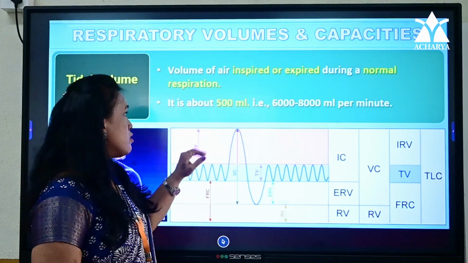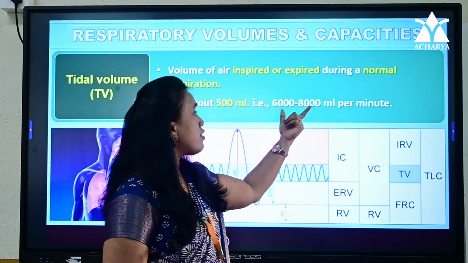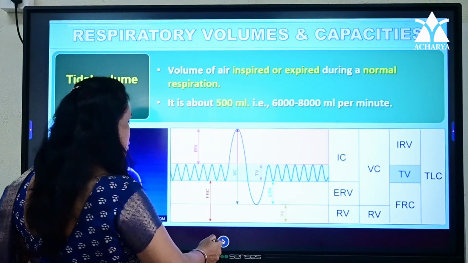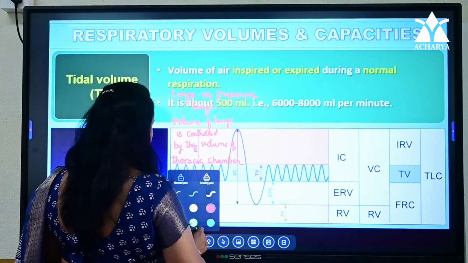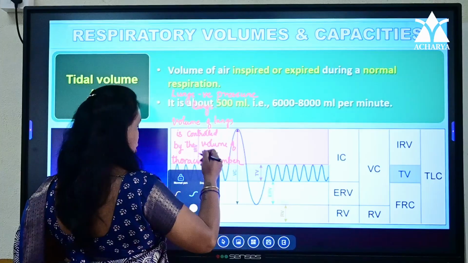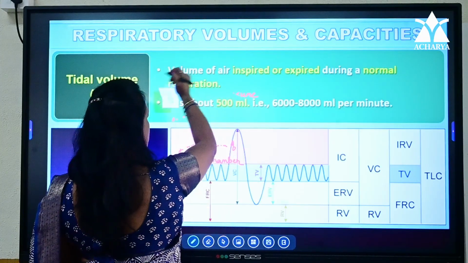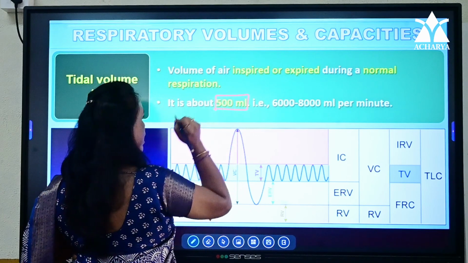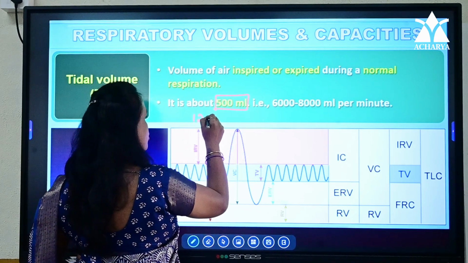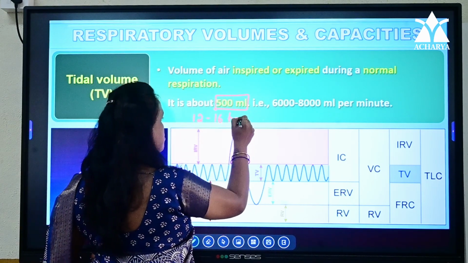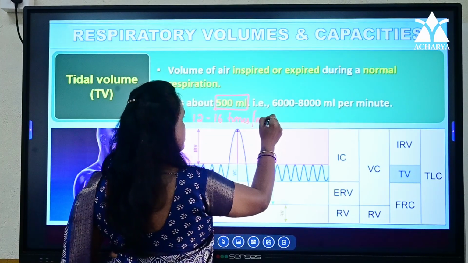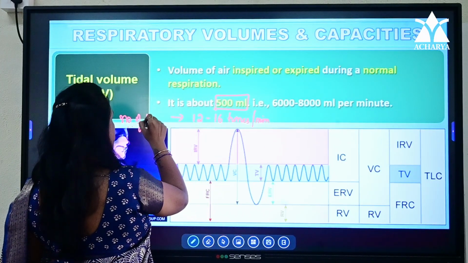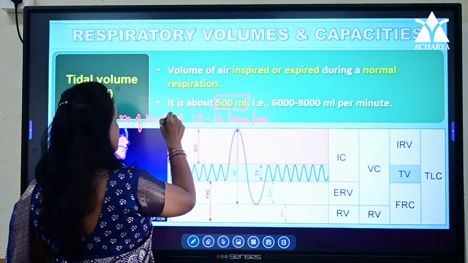Now in our NCERT textbook they have given 6,000 to 8,000 ml per minute. How do you calculate this? You need to apply a formula. What is the tidal volume given here? 500 ml. What is the number of breaths? 12 to 16 times per minute. This is the breath rate.